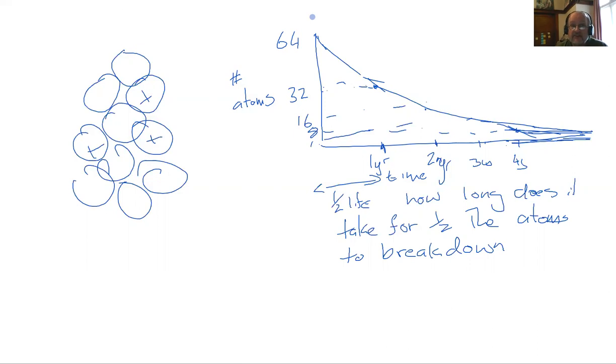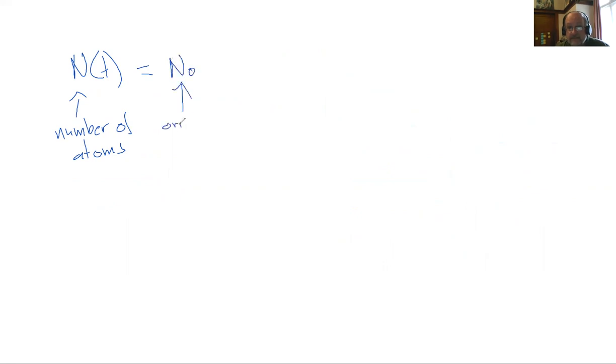So let's actually work out a formula for this. The number of atoms that we have after a time, N, is going to equal the original number, N0, times half to the power of n, where n is the number of half-lives.